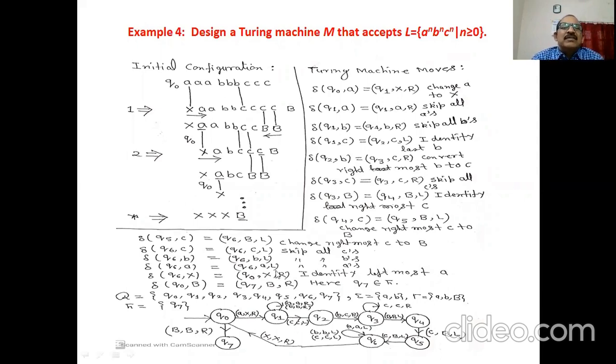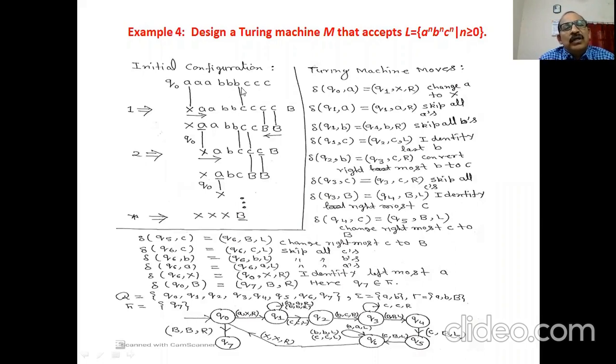Here I have taken the word AAA followed by B's followed by CCC. Each word in this language consists of consecutive A's followed by consecutive B's and followed by consecutive C's. And the numbers of A's, B's and C's must be equal.